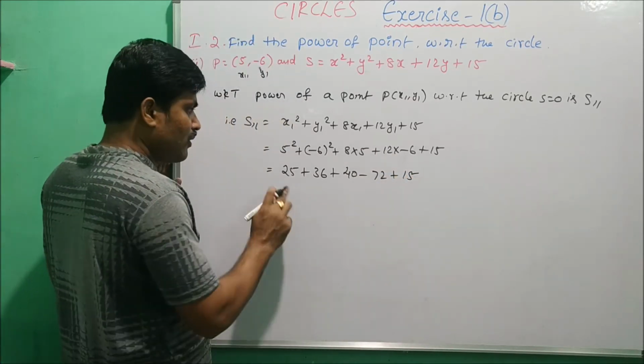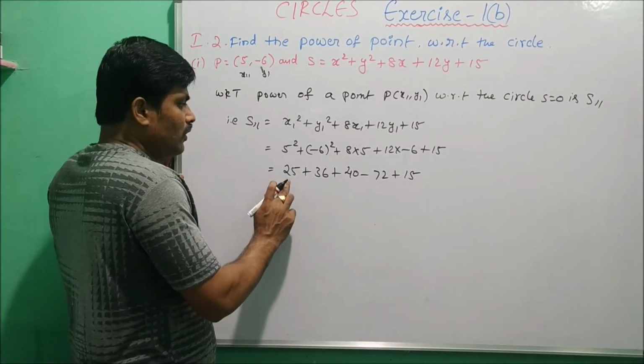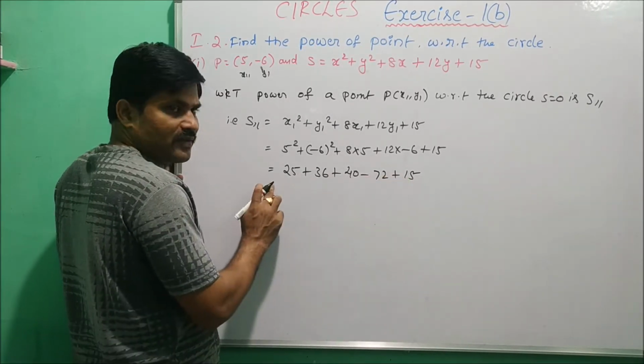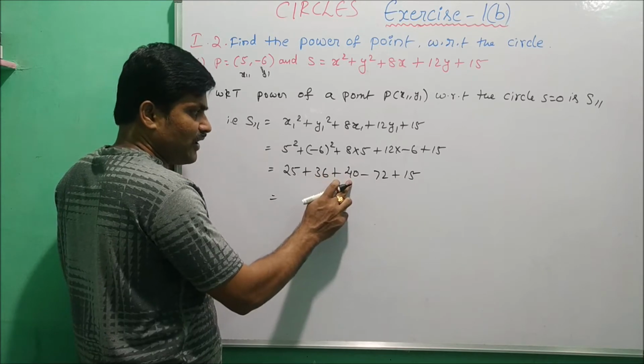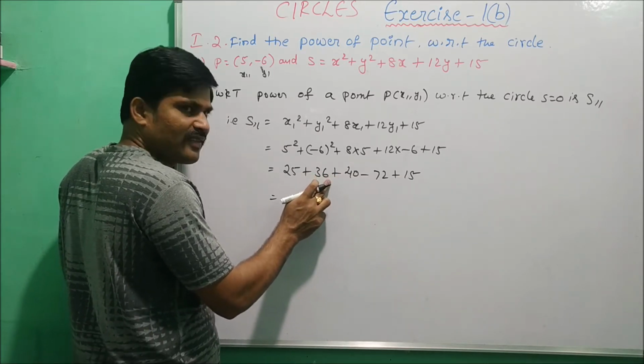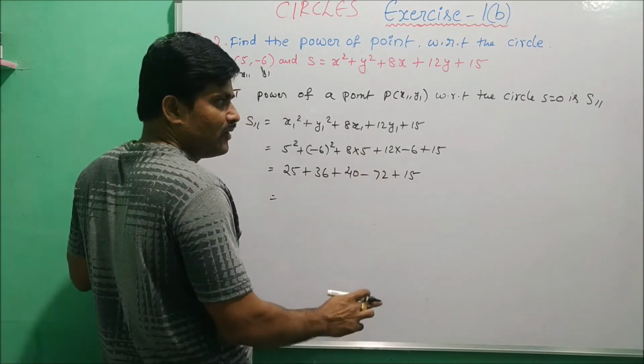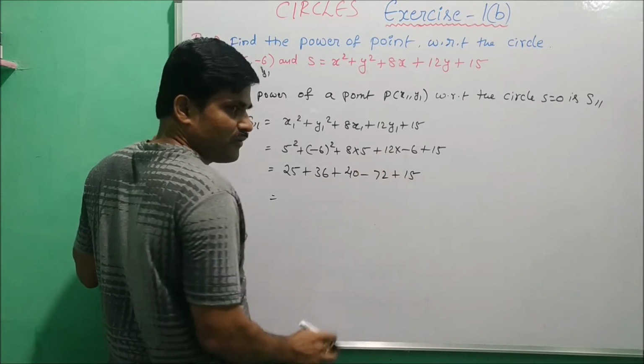Here the sum of positive terms is 25 plus 36 plus 40 plus 15, which is 116.